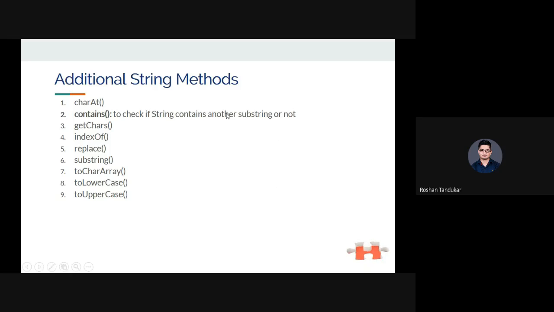And next one is contains. Contains means whether a string contains another substring or not. You can find many real life examples of this. For example, when you are registering on a form, if you are not writing @gmail.com or @hotmail.com like that, do you think it will allow you to submit your form or register you?